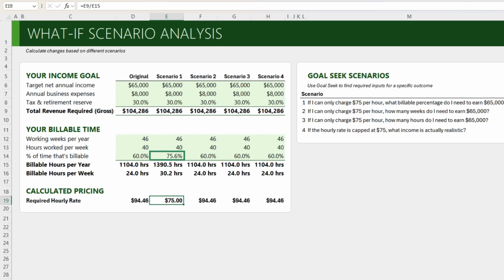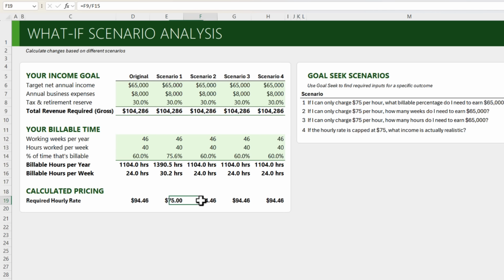And you can see we need to increase our percentage of time that's billable to 75.6%. So if I want to earn $65,000 and only charge $75 per hour, I need to bill clients for just over 3/4 of my working time, which is 40 hours a week, 46 weeks per year. That might be realistic for some businesses, but for others, 75.6% billable time could be a stretch.